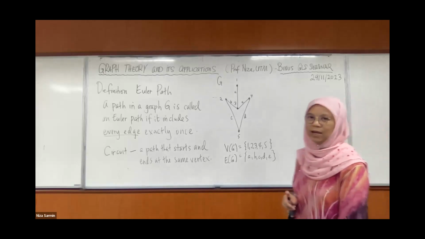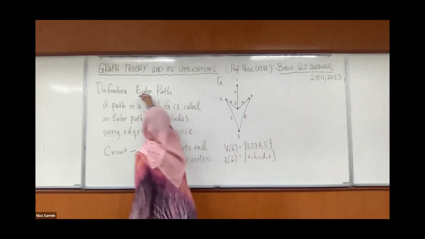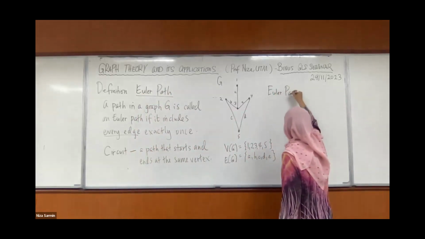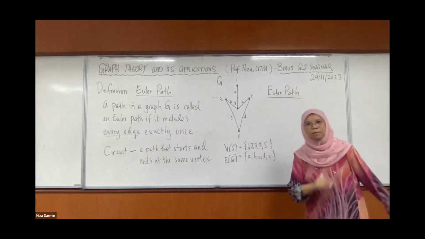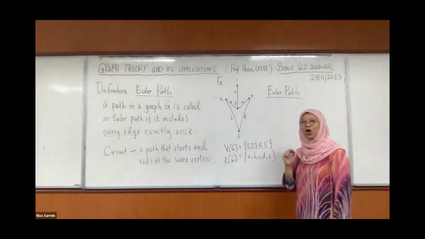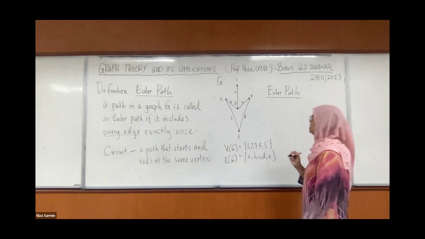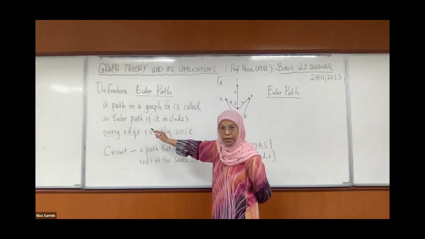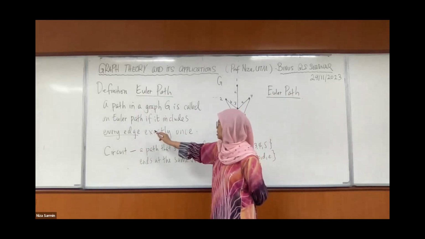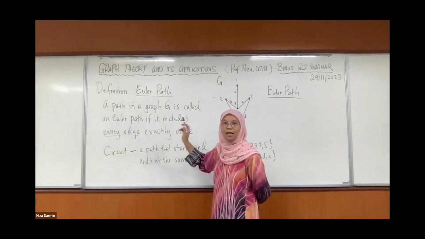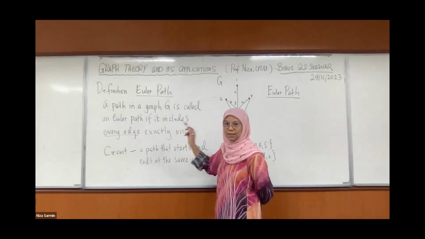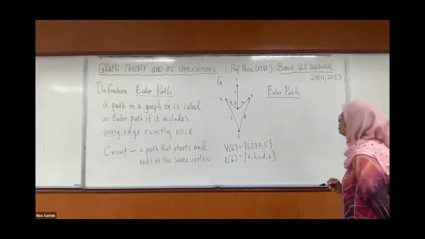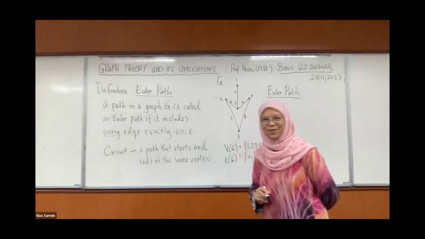Now we want to find an Euler path. Can somebody give me an Euler path? We want a path in which every edge is included exactly once. Can you find it?